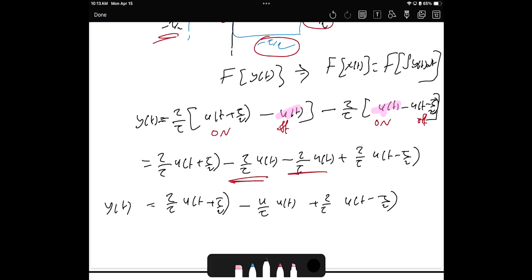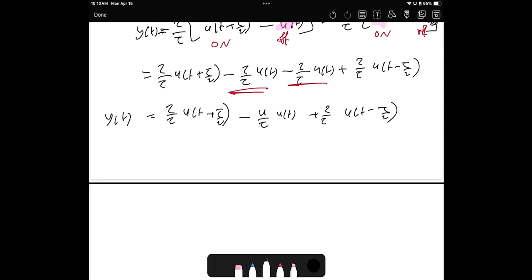Now, after I simplified it, this is the simplest form in the time domain, and I can take the Fourier transform. Recall, the Fourier transform of u of t is actually 1 over j omega plus pi delta of omega.